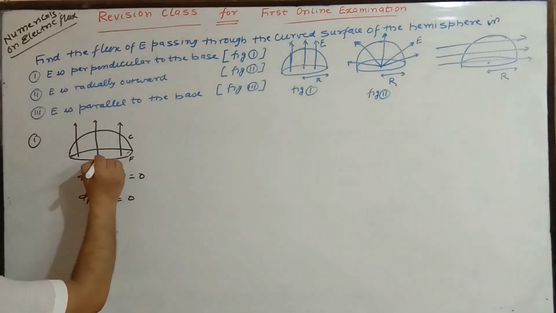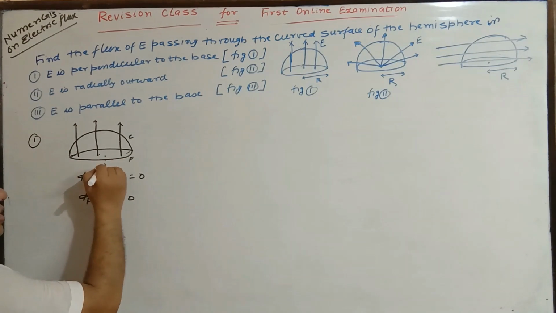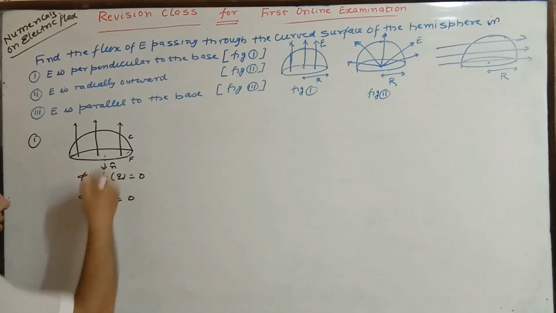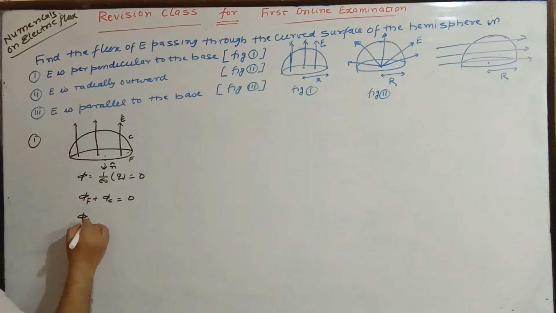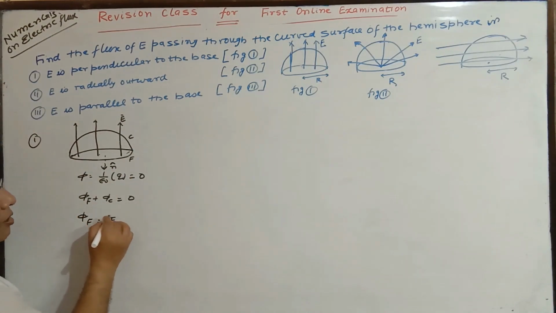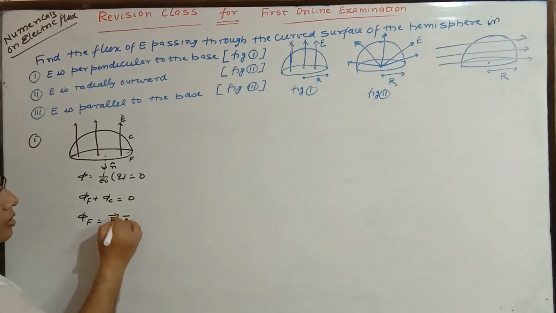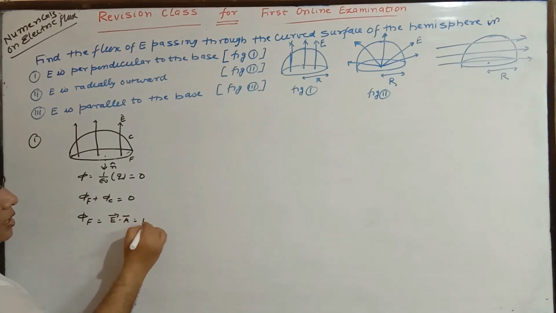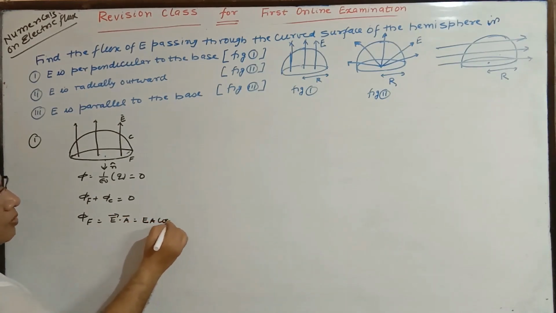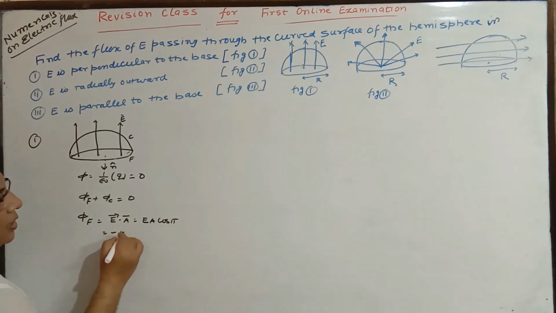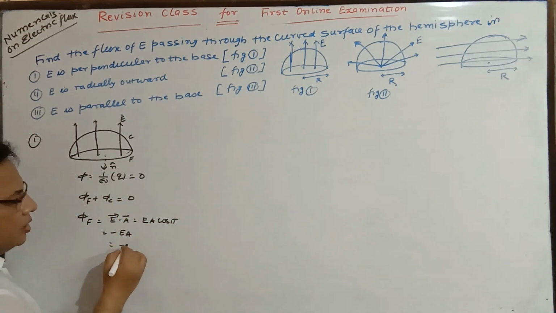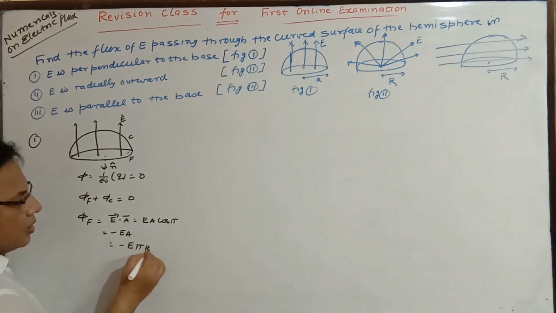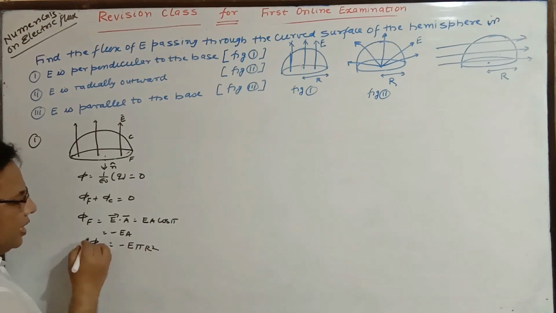Now in this case, for the flat surface, the area vector is the outward normal, downward, and the field is upward. So for the flat surface, E dot A is equal to E into A into cos 180 degrees, that is minus EA. If r is the radius, the area is pi r squared, so minus E into pi r squared. This is for the flat surface.